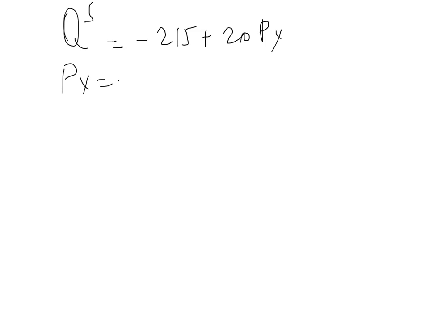Then let's find the other intercept. So we have again Qs equals minus 215 plus 20 px. Now let's suppose px is 0. The other intercept is going to be Qs equals minus 215. Now let's graph that.